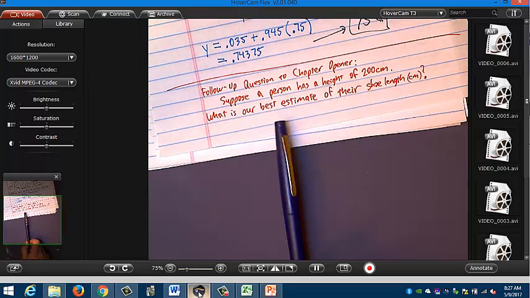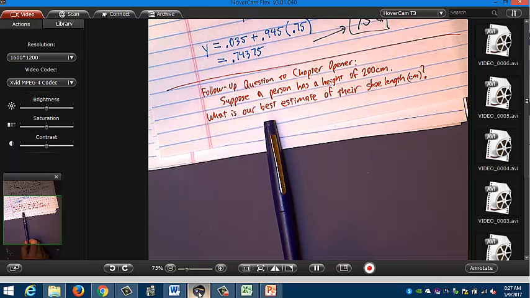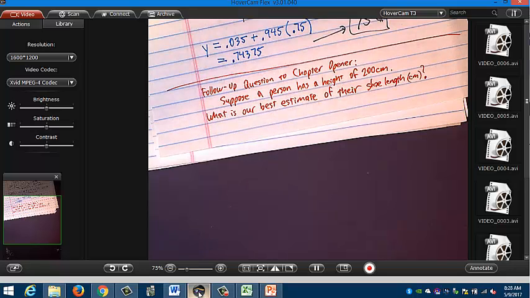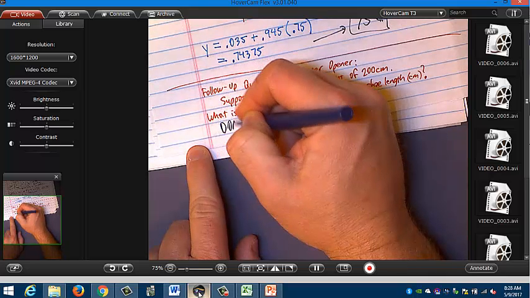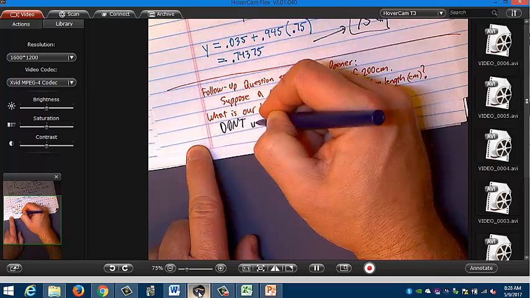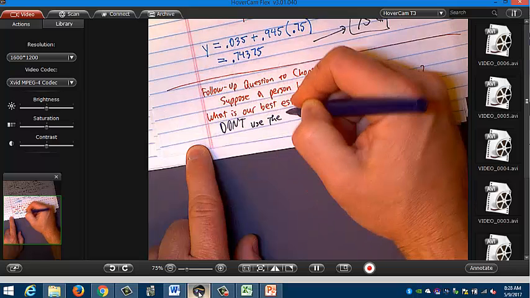Yeah, what's our best estimate of that? Well, I guess the first point is, don't use the linear regression line.